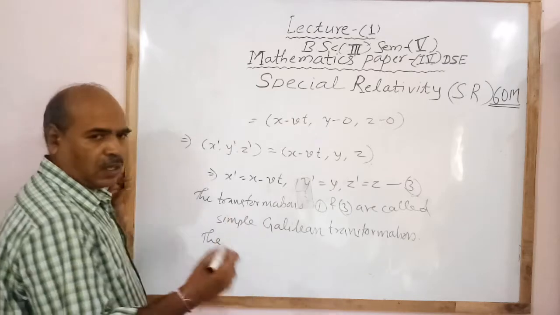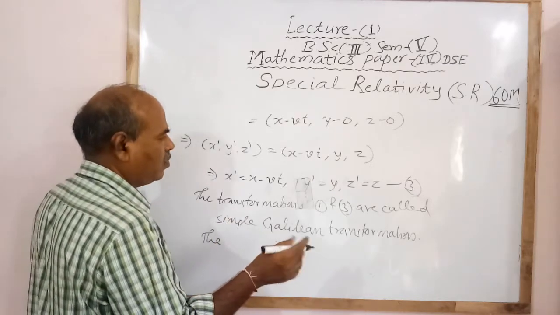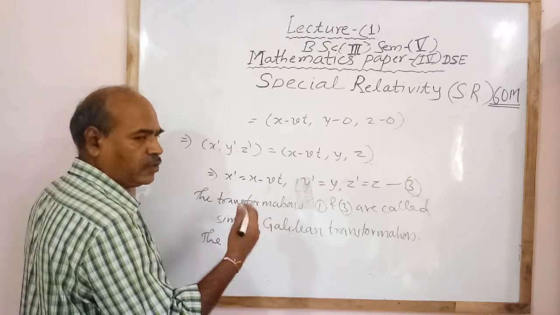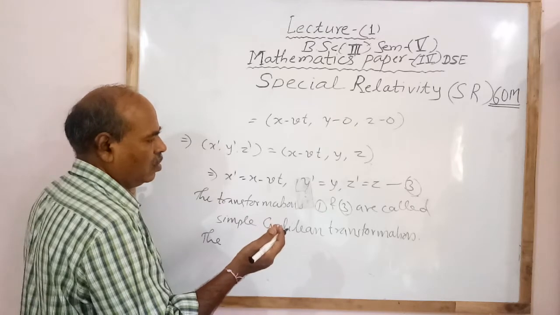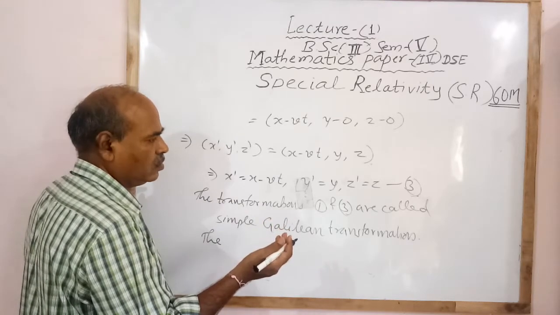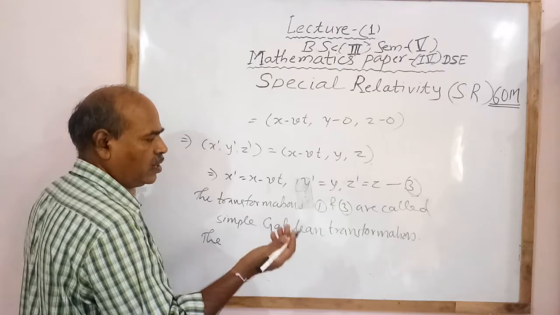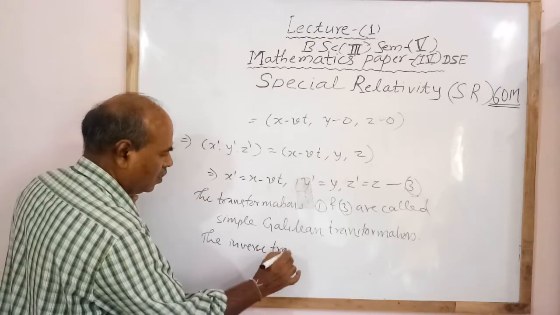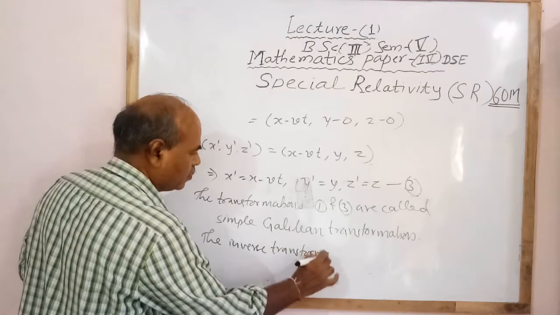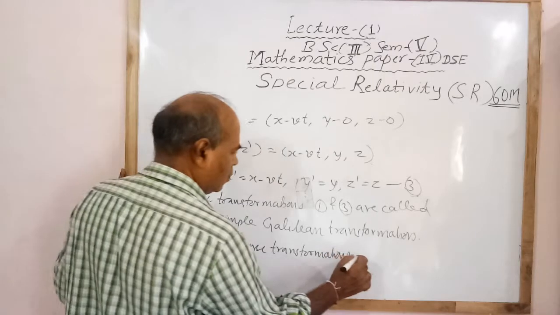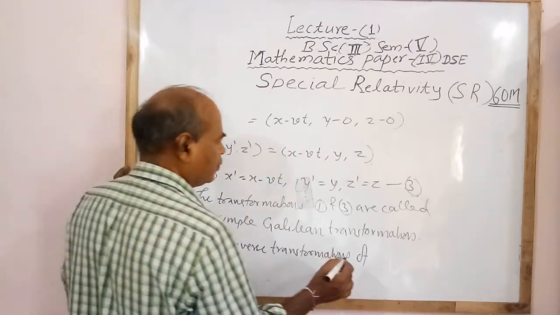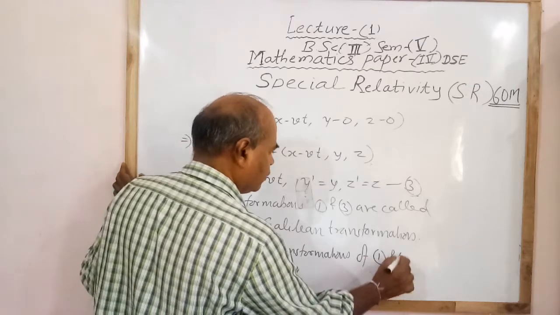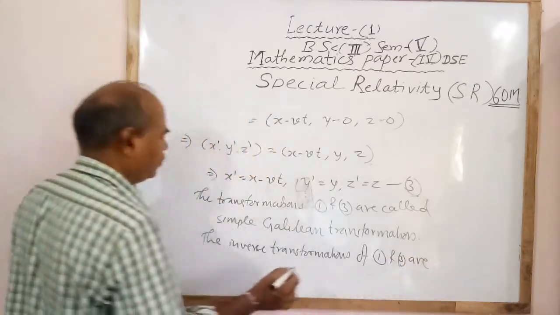The inverse transformations are obtained by changing the plus sign to minus sign and minus sign to plus sign, x dash to x, x to x dash, t to t dash, y dash to y, z dash to z.